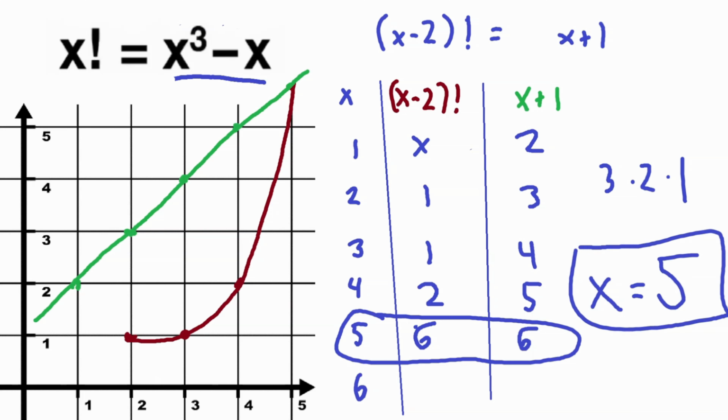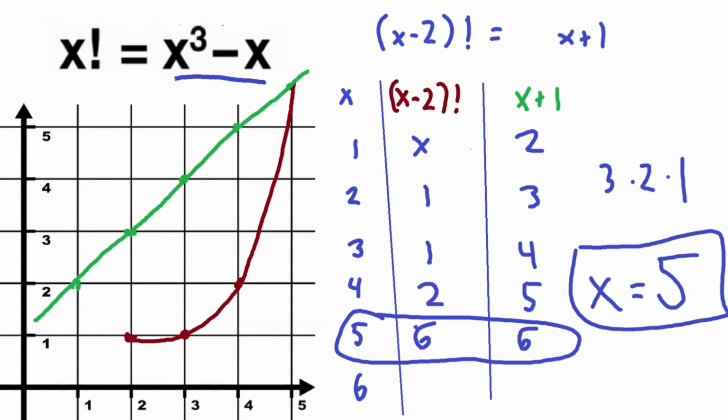Of course, you do not need to graph this problem in order to solve it. I just graphed it in order to visualize how the equations grow. You can see that in the beginning, the red equation, the factorial, started off kind of small, but then it grew very big in a short amount of time compared to the green equation, which grew at the same rate constantly.